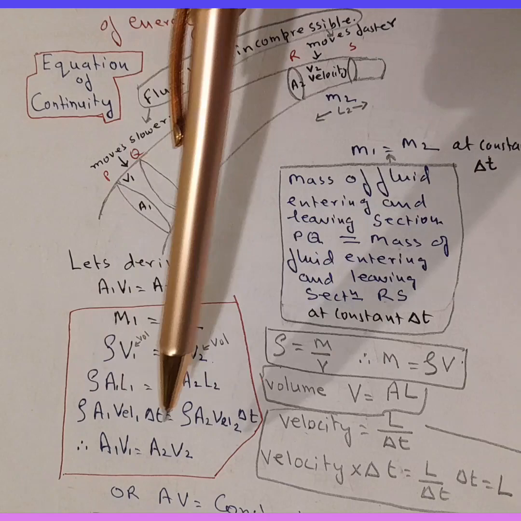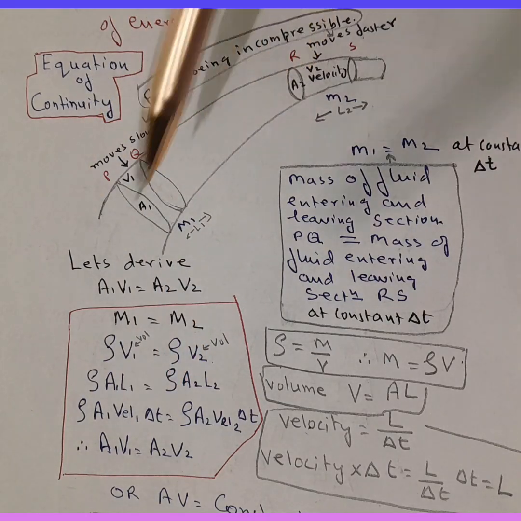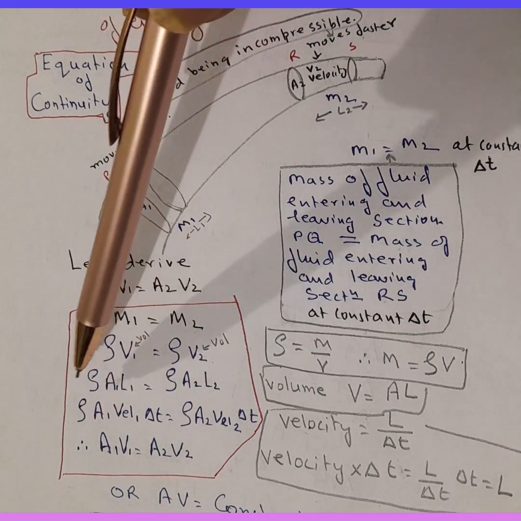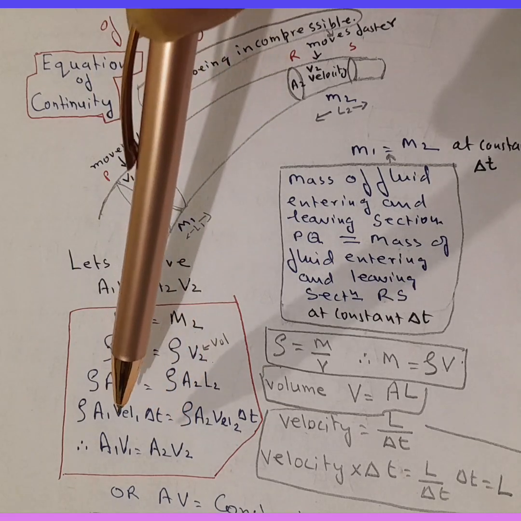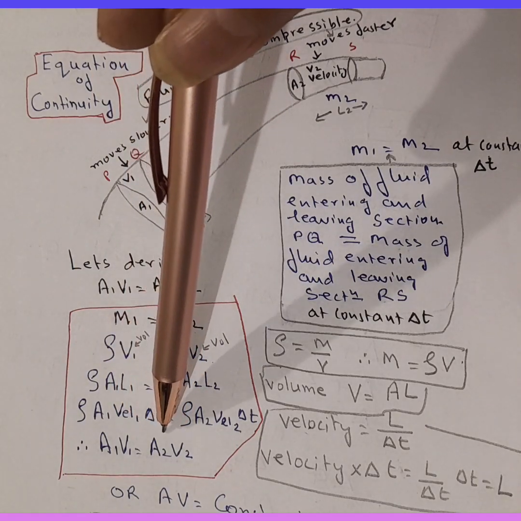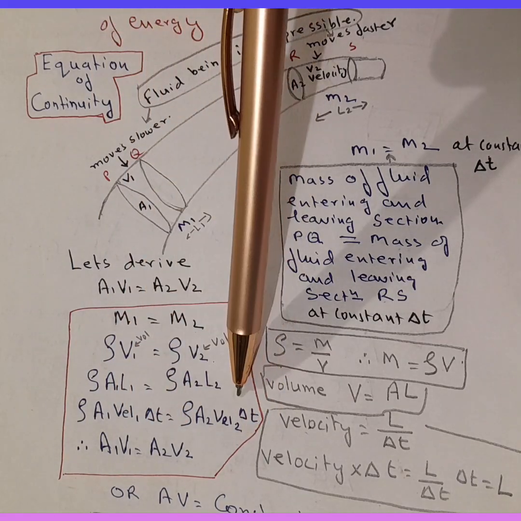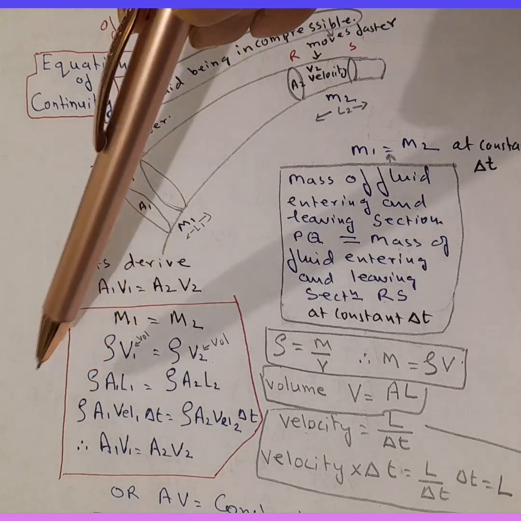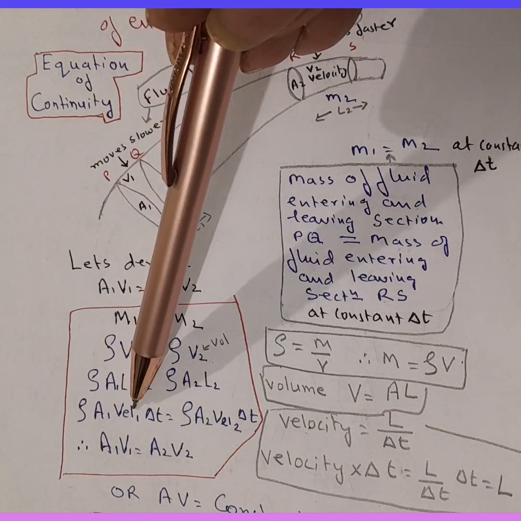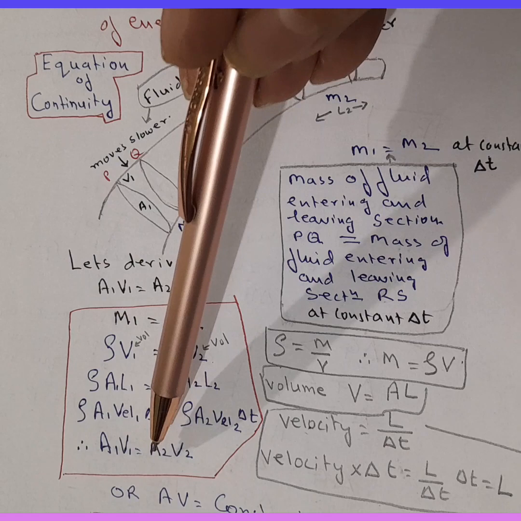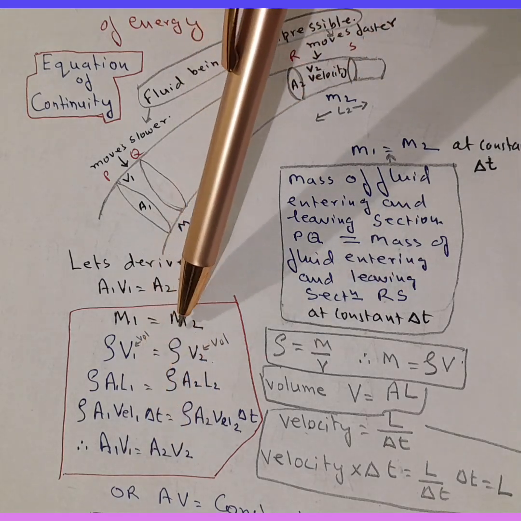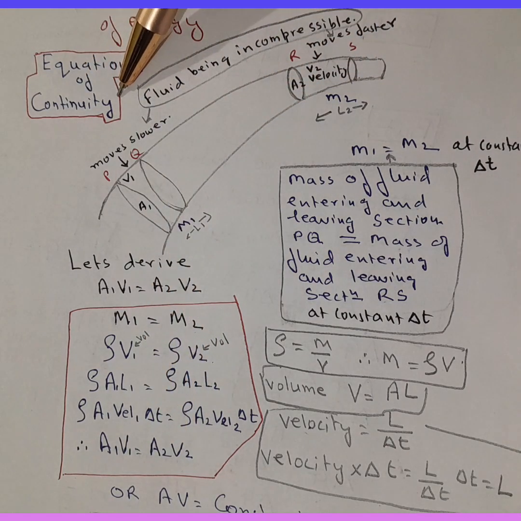Since it's the same fluid flowing through both the columns, the density is the same, so it gets cancelled. Time is the same, delta T gets cancelled. So what we are left with is area of cross section and velocity. So A1 V1 is equal to A2 V2. So that's the equation of continuity.